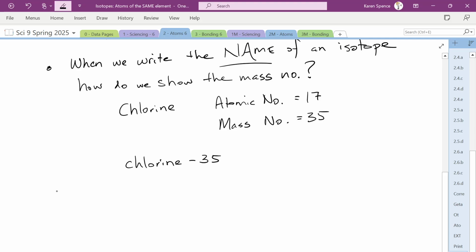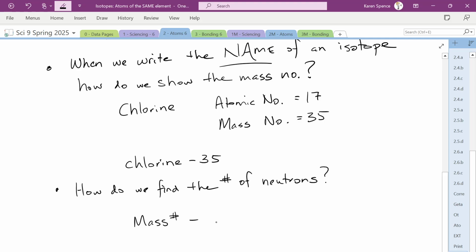How many neutrons? How do we find that? 35 minus 17? Okay, so we take the mass number minus the protons.